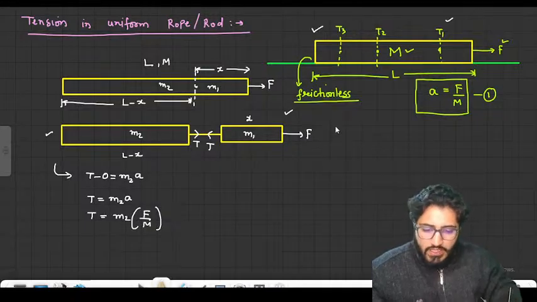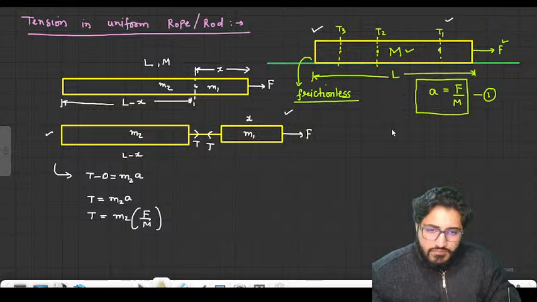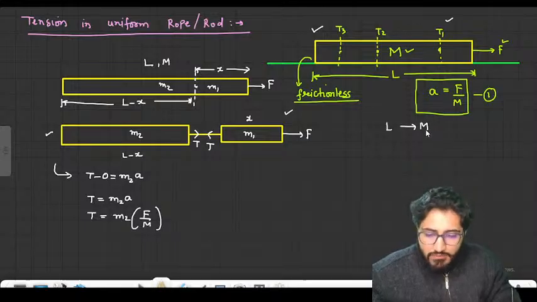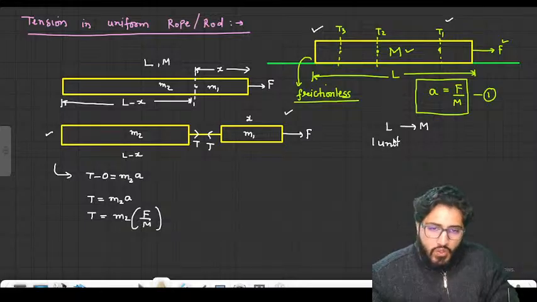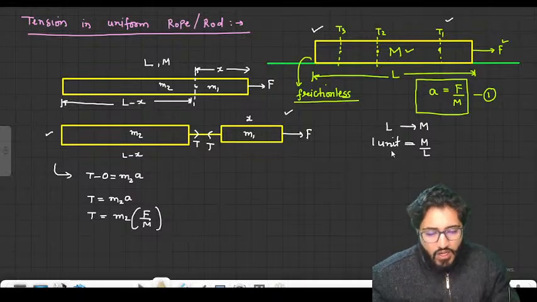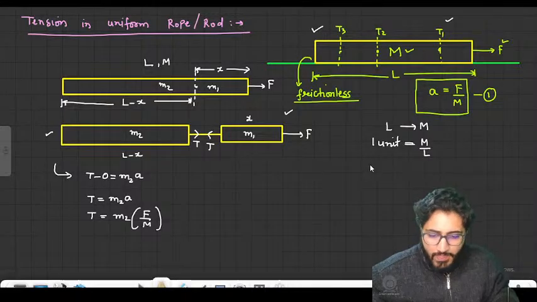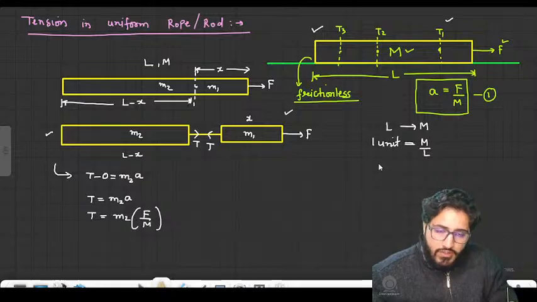Look now. We are having a rod of length L and mass M. So one unit of length has mass M by L. So mass 1 equals M by L into x.